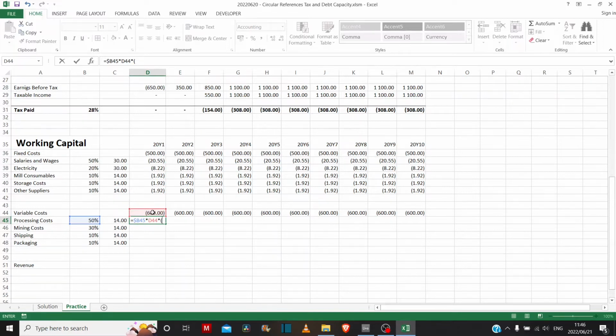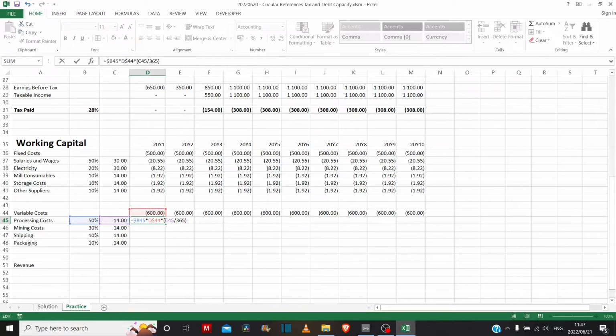So I'm holding 14 days worth of this 50% of 600 million, so 300 million. If 300 million is incurred throughout the entire year, 14 days of that is just 14 divided by 365. And that works out to about $11.51 million sitting in my bank account at any one point in time during the year that is owed to my suppliers.